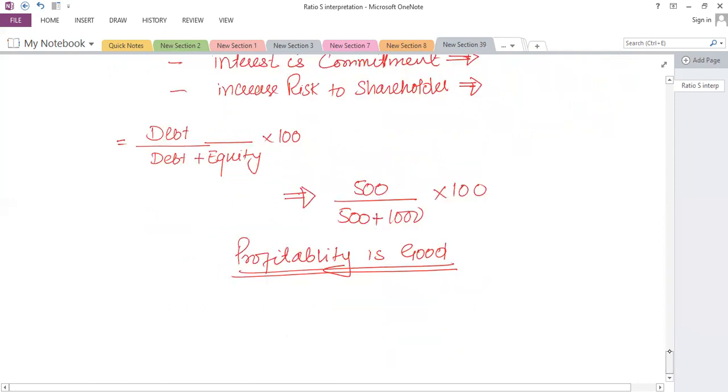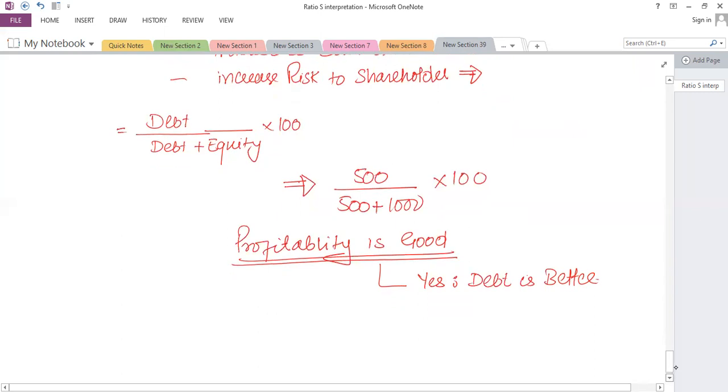If profitability is good, yes, debt is better. Now you can afford debt financing. But if you have a poor year of profitability, and profitability has been falling, then ultimately you will not advise debt financing. Rather, you can say reduce debt by issuing rights shares or other securities.